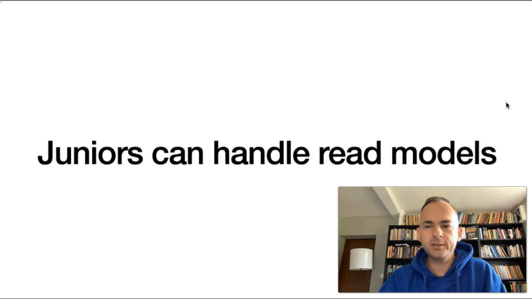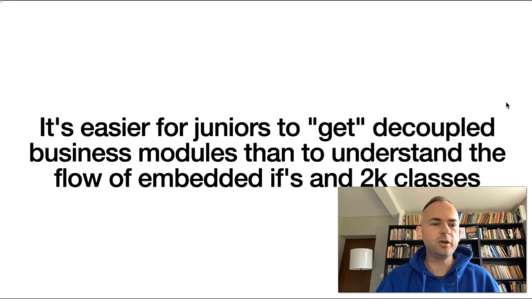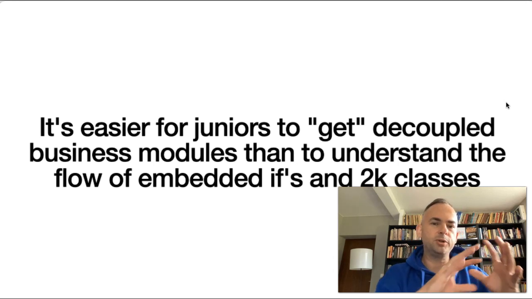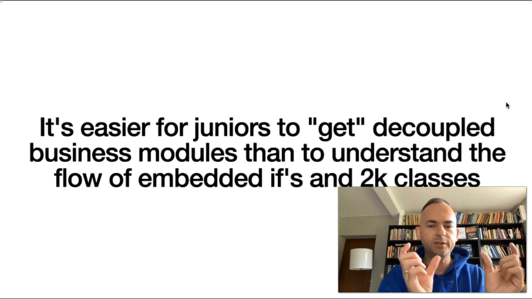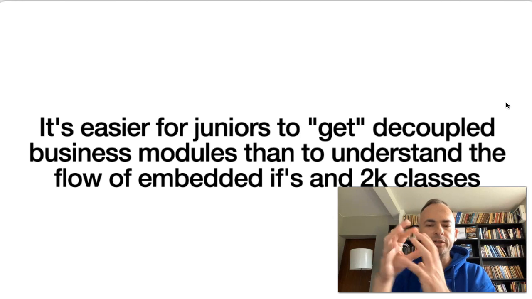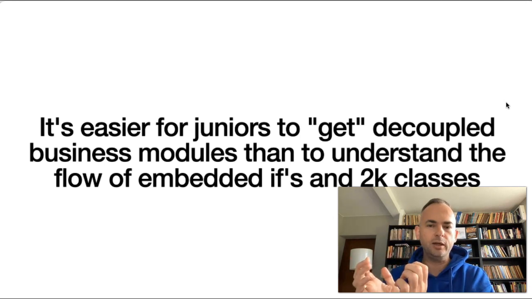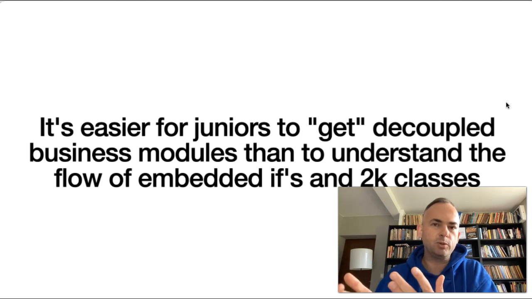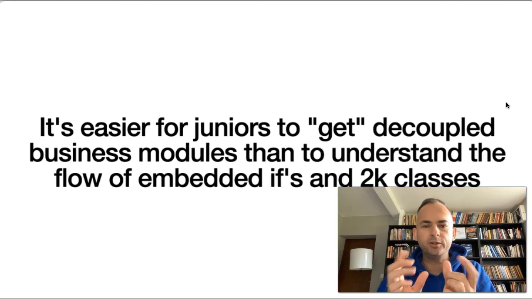However, I would go with collective ownership even with juniors, because if the business models are decoupled and isolated and they are bounded, it's easier for them to understand inventory on their own, right? Because what's the alternative? The alternative is that you have this CRUD application where those concepts are not separated.